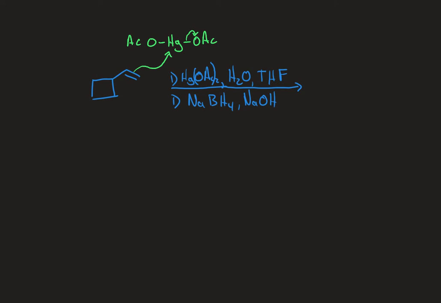But mercury also has some spare electrons that it can give back, just like the bromonium ion. And so it is going to give those back and form this mercury ion. This is a 3-membered ring with a positive charge.